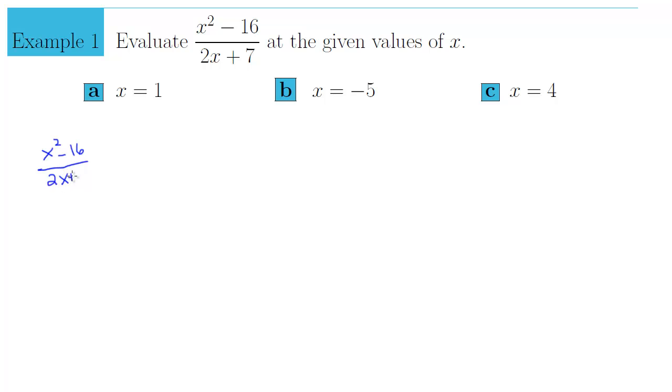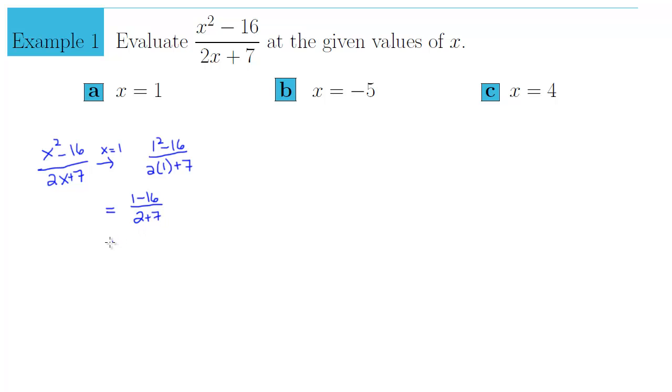And then what we're going to do is, instead of putting the x's in, we're going to put the value of 1. So if we're going to evaluate this at x equals 1, we'll get the following. 1 squared minus 16 divided by 2 times the quantity of 1 plus 7. Now we simply work this out. This is equal to 1 squared, which is 1, minus 16 on the top, and 2 times 1, which is 2, plus 7 on the bottom.